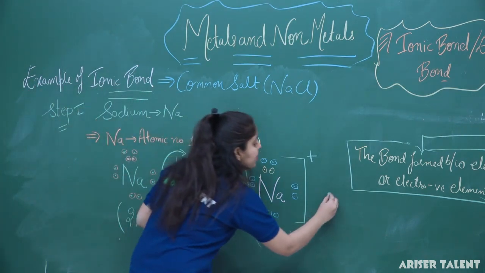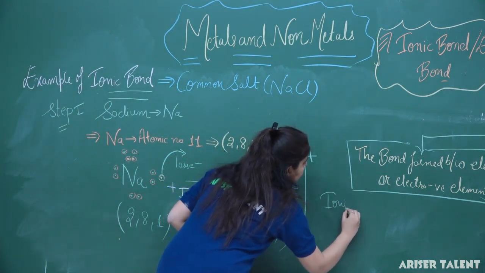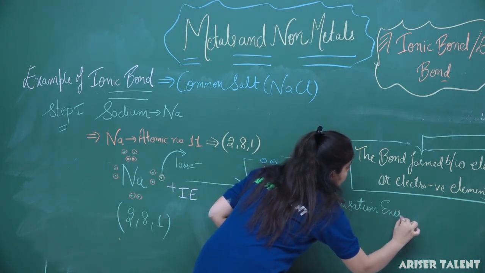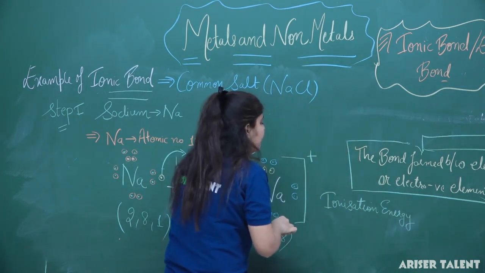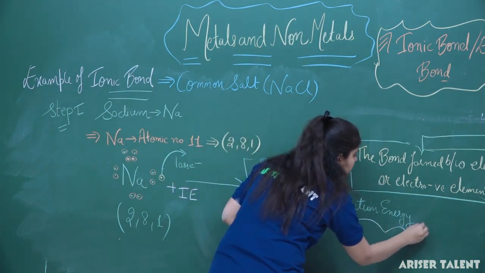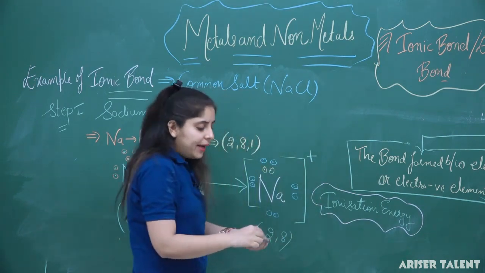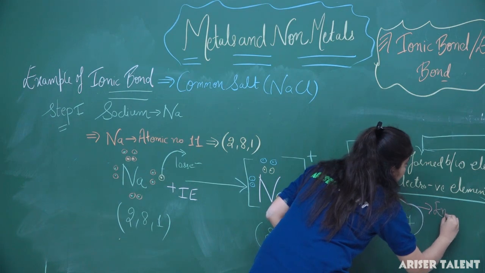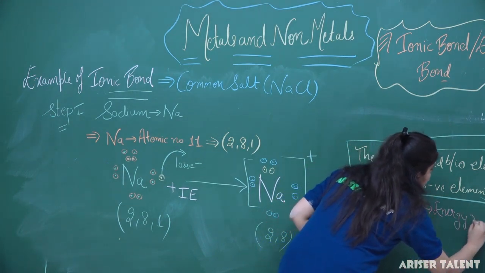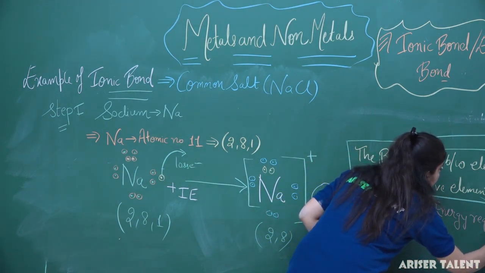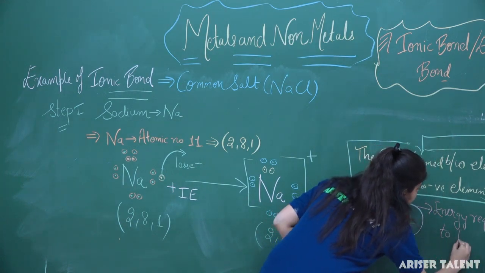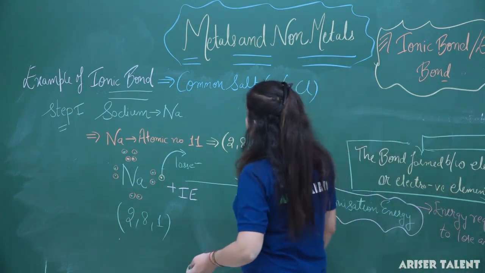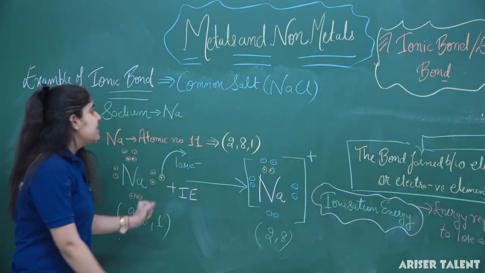So ionization energy is actually the energy required to lose an electron. So this is all about the sodium we have considered here.